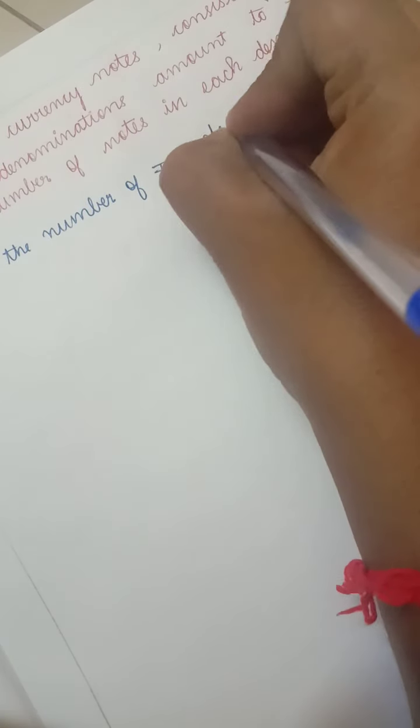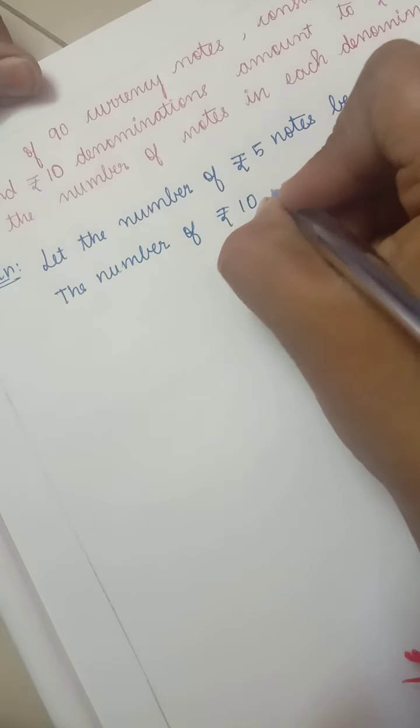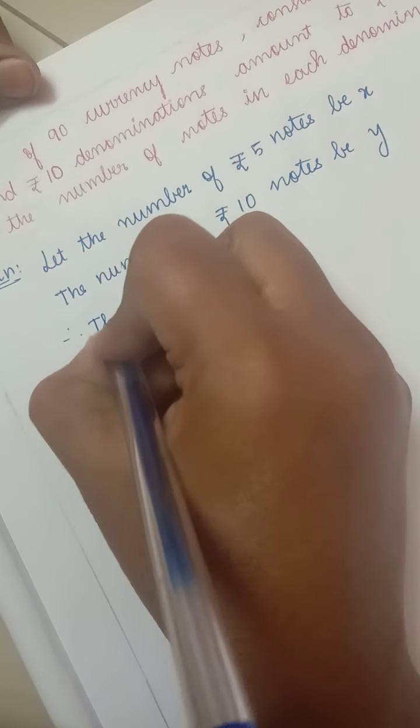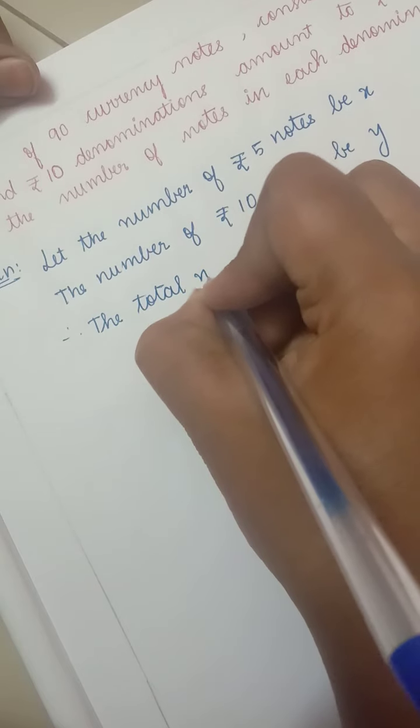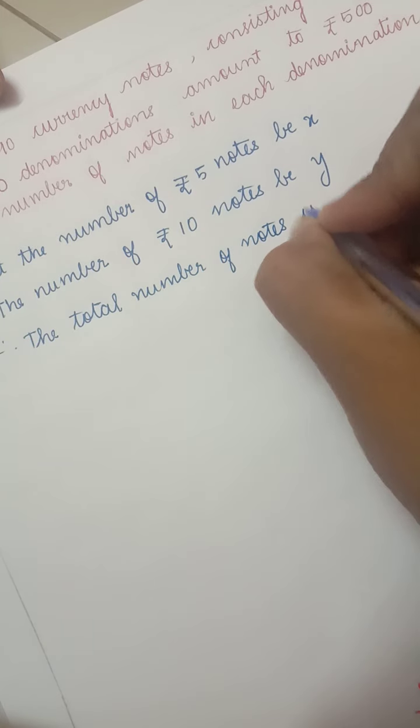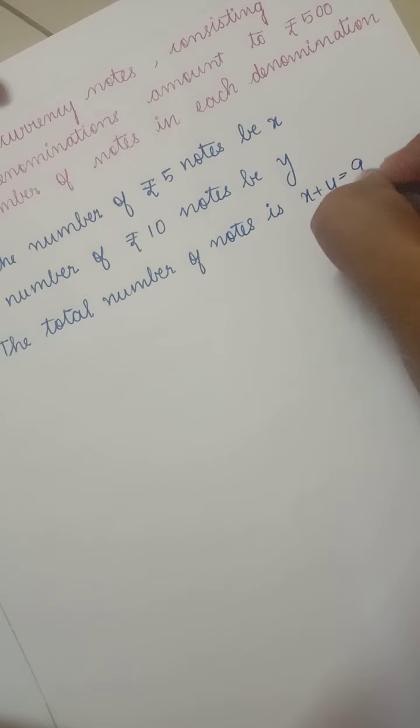So first we are considering the solution. Solution: let the number of ₹5 notes be X and the number of ₹10 notes be Y. Therefore the total number of notes is X plus Y is equal to 90.